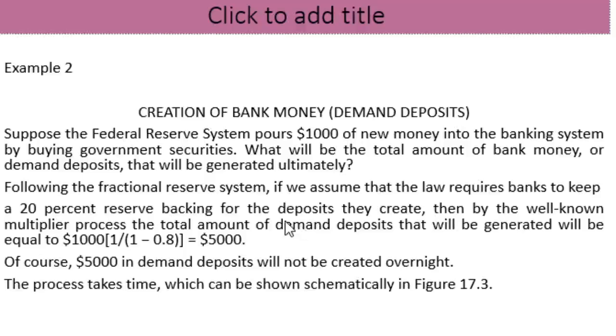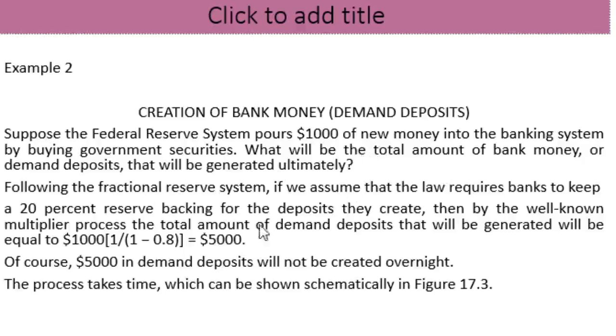Following a fractional reserve system, that is, we have to keep a fraction or the cash reserve ratio for providing loans, and we have explained it in the credit creation process of the banks.